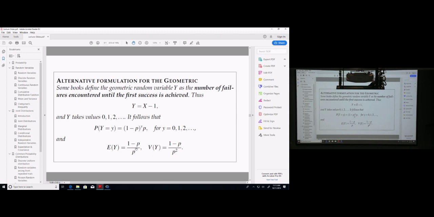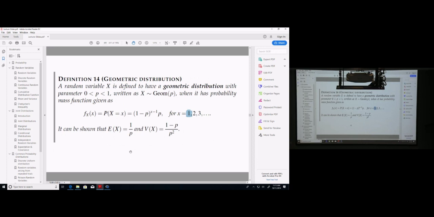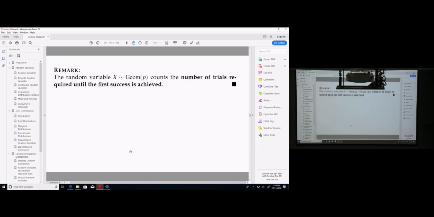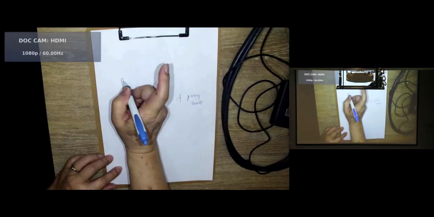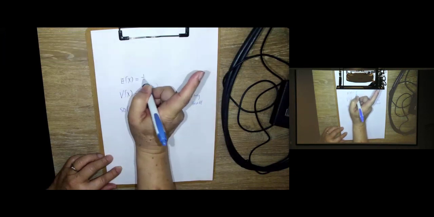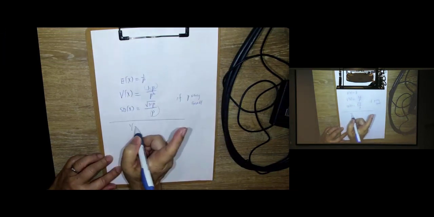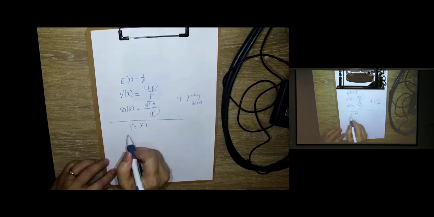Okay, so the formula differs a little bit. Y is a little bit less than x, so as a result, the expectation of y is a little bit less than this. In fact, if you are willing to accept the results earlier, I can derive this without much pain. All right, so let me do so. You remember this, expectation of x is equal to 1 over p. But now your y is equal to x minus 1. So you exclude the trial that has the success.